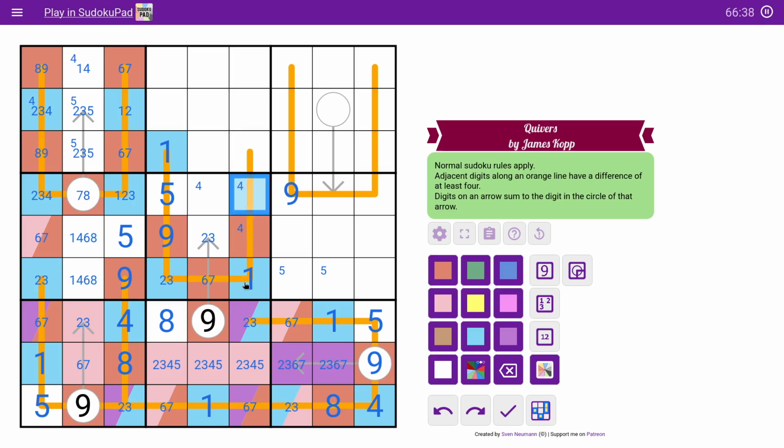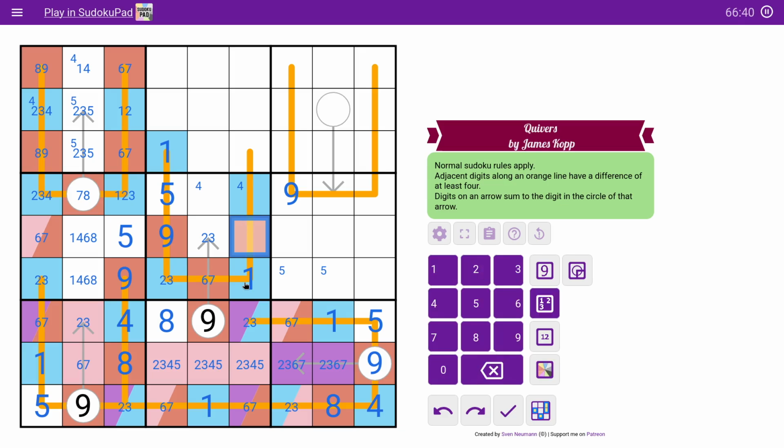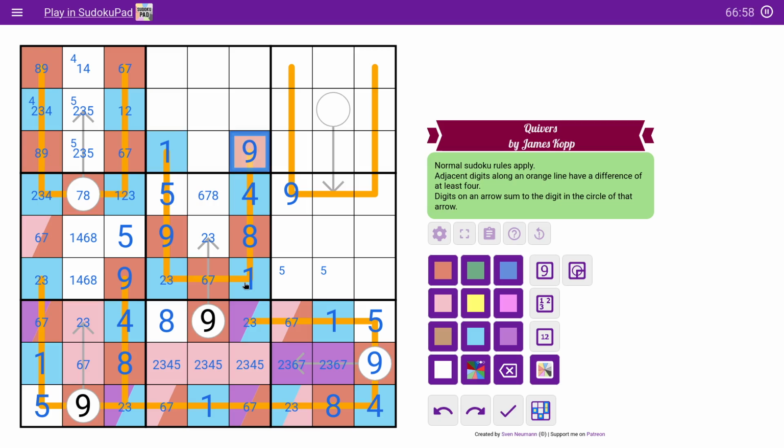Can this be 5? Could be 5. So this is 6 and up. This is 2, 3, or 4. It's not 2, 3 because this is 6. There we go.